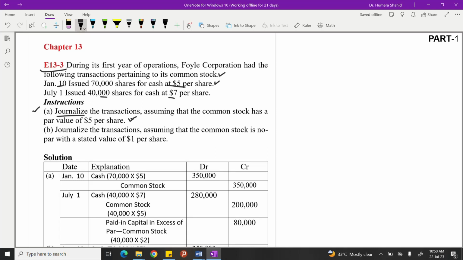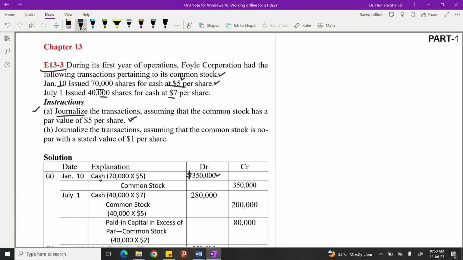So by selling 70,000 shares, the company gets $5 cash for each share. So how much total cash did the company get? 70,000 multiplied by 5, so it is $350,000. And then the company has issued common stock.